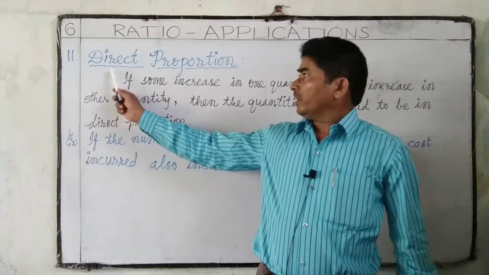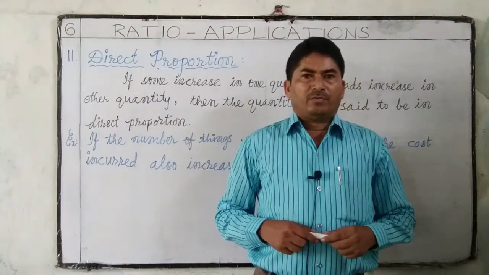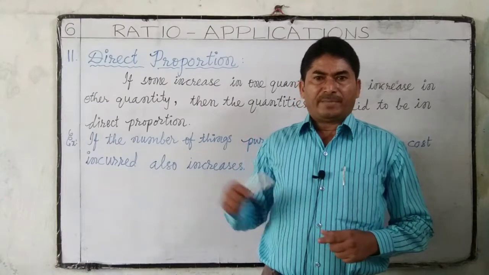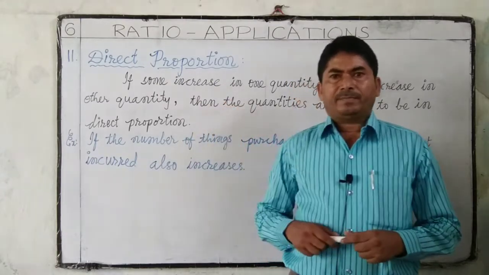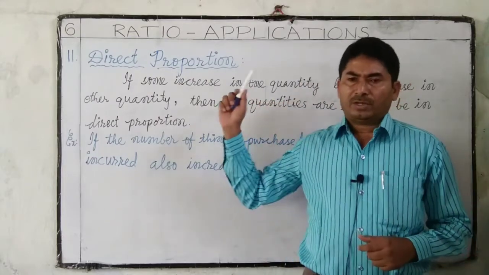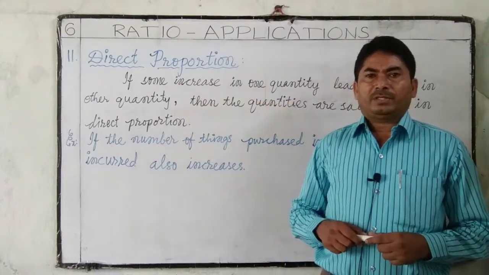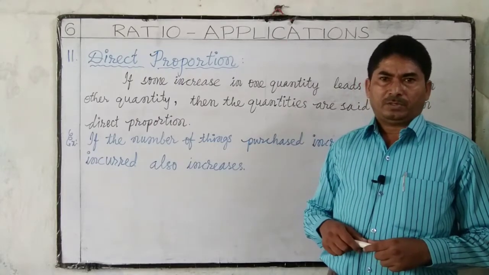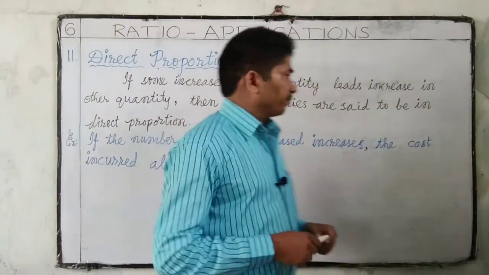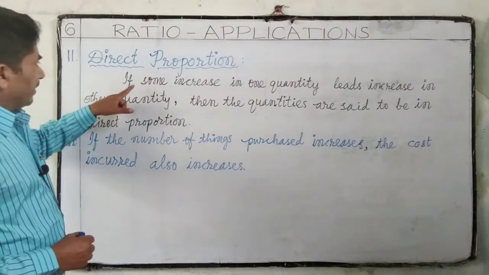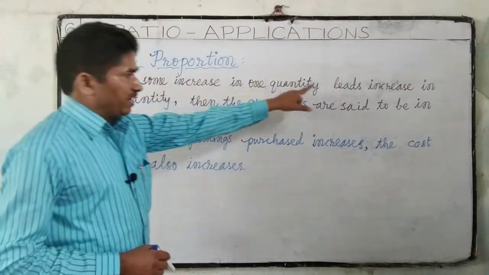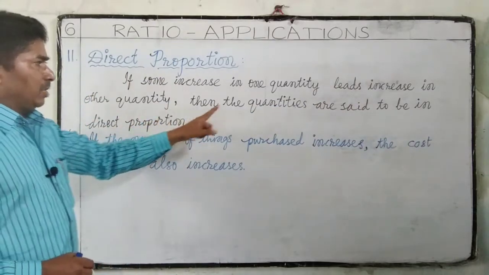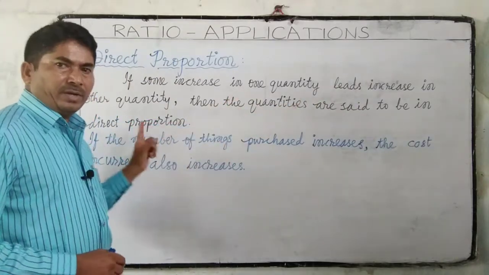Next, direct proportion. What is a direct proportion? If some increase in one quantity leads increase in other quantity, then the quantities are said to be in direct proportion. Let us see once again. If some increase in one quantity leads increase in other quantity, then the quantities are said to be in direct proportion.